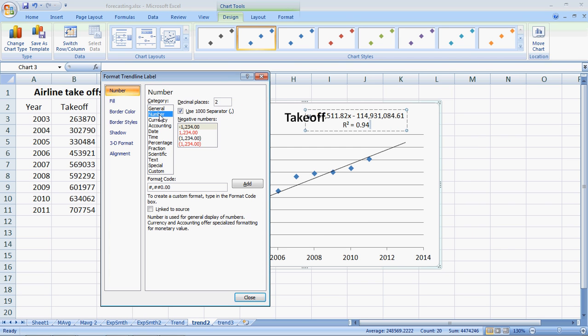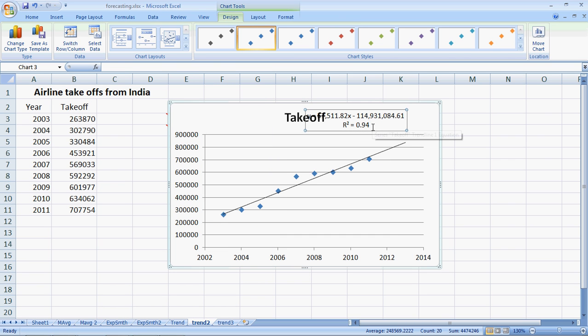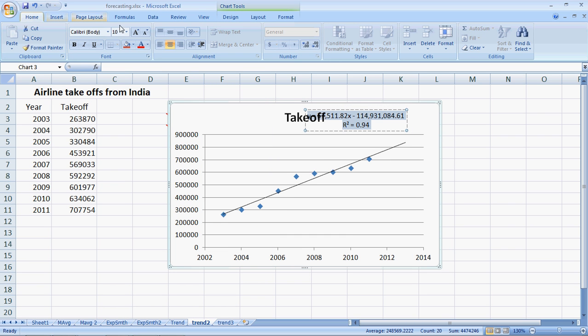These are numbers, and let's say we need 2 decimal places. Close, and let me increase the font. I select this, we go to home, we increase the font to 12. One thing you could alternatively do is make this full screen so that you see the numbers better.